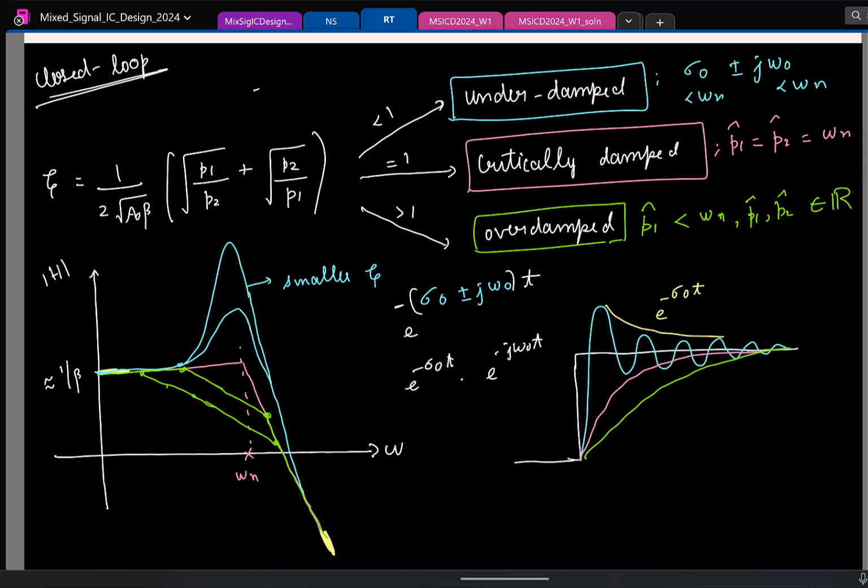If the pole location is smaller, the system is faster or slower? Slower. Okay. If there is no pole, the pole is at what location? Infinity. So infinity is an infinitely fast system. So if the pole is coming to lower and lower frequencies, it is going to lag more and more. So overdamped will be this, and if I increase zeta, it will become even slower.